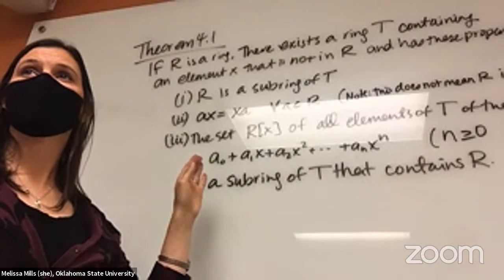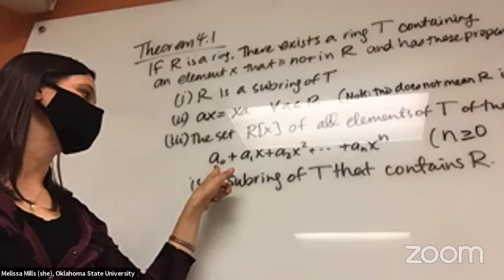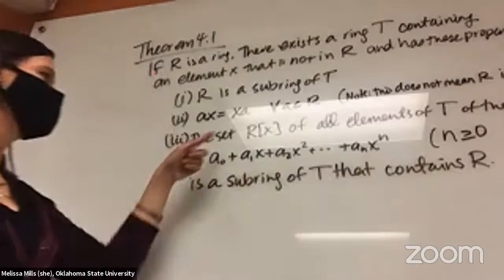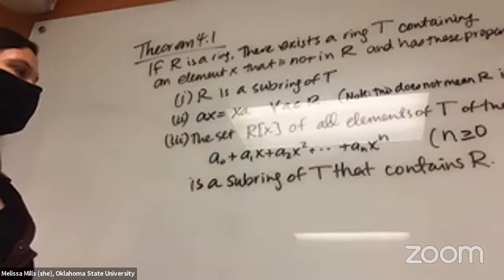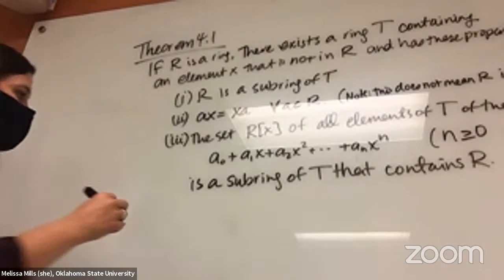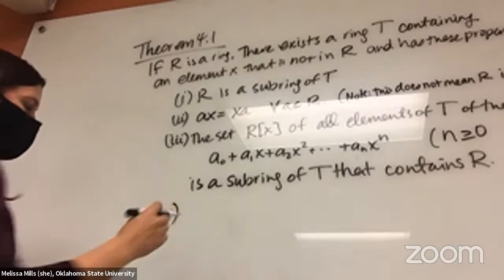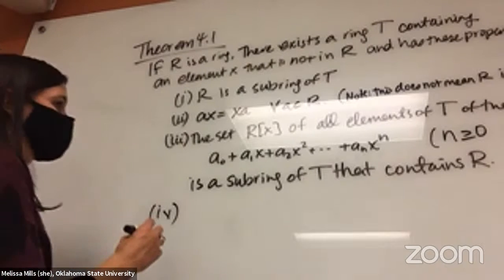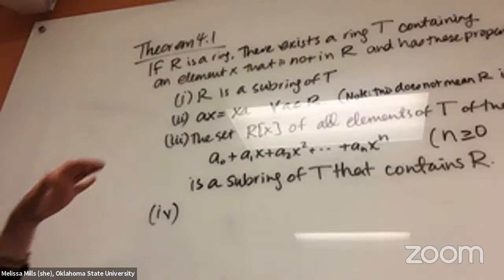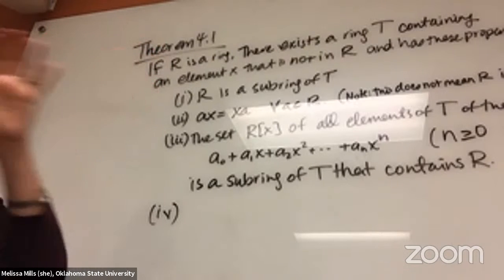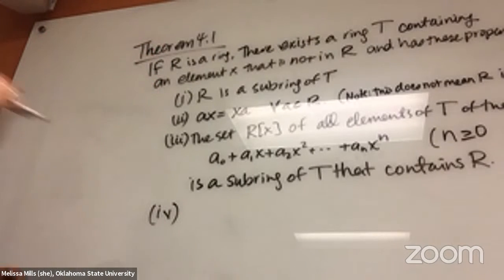The ring of constant polynomials would just be the constants, and so R is contained in this ring R adjoin X. Four says the representation of elements of R adjoin X is unique. In other words, if I write a polynomial down, I can't write the same polynomial with different coefficients. So there's a unique representation of a polynomial.